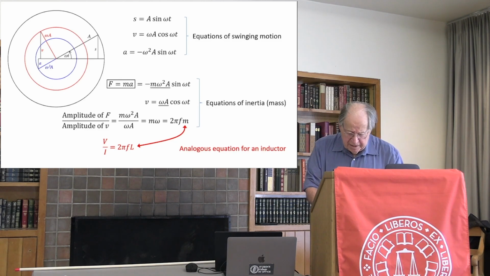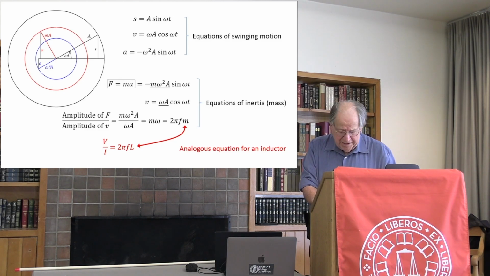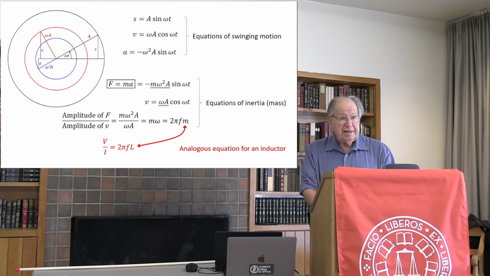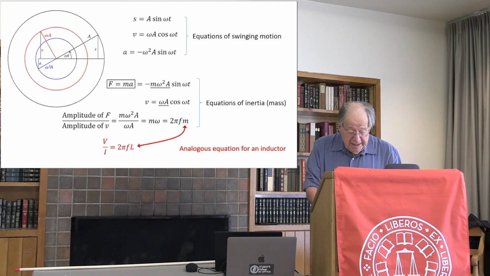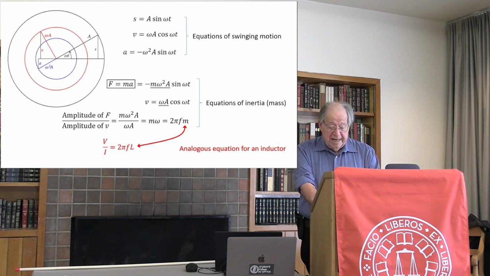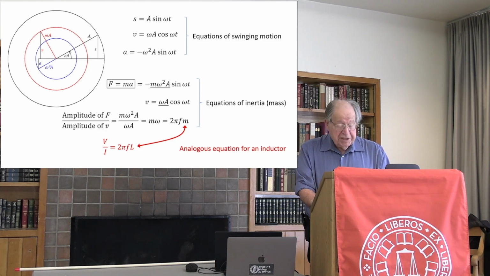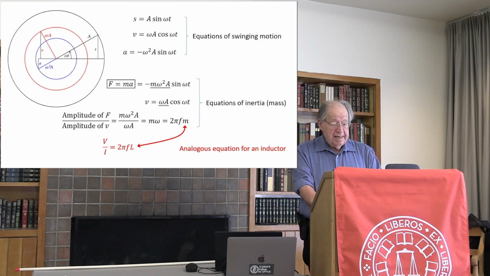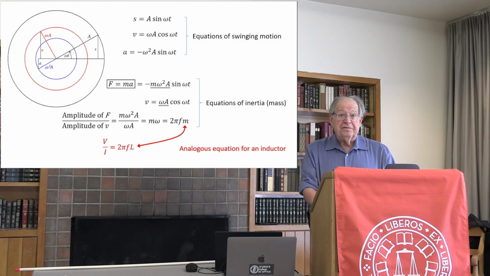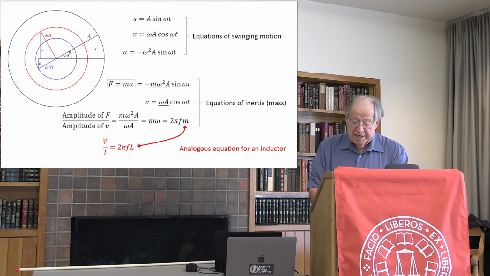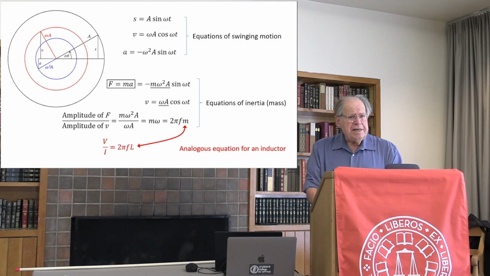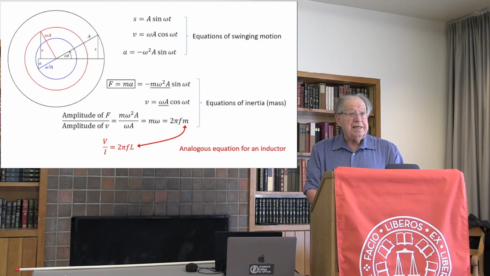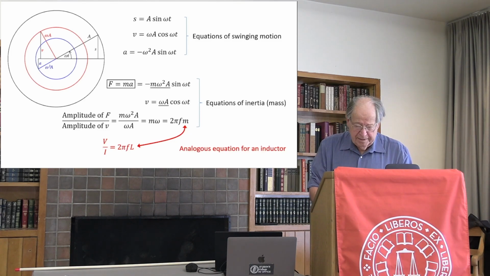Well, the velocity equation, from the red radius, was V equals omega A cosine omega t. The paradigm circle shows us that the blue radius precedes the red radius by 90 degrees of rotation, so that likewise the force precedes the velocity. So now we know for an inertial body how force and velocity are related in time.